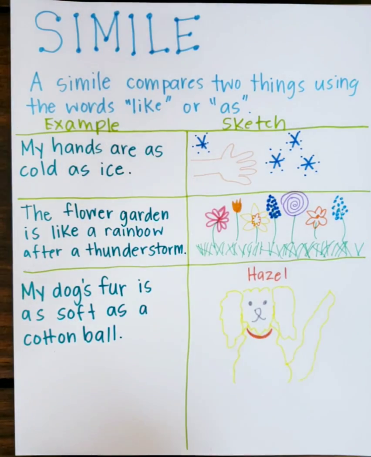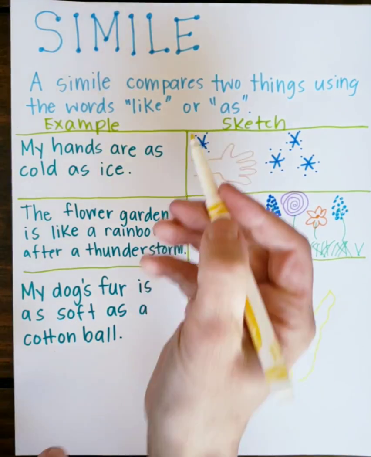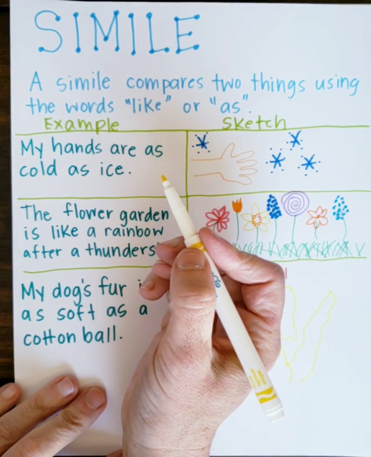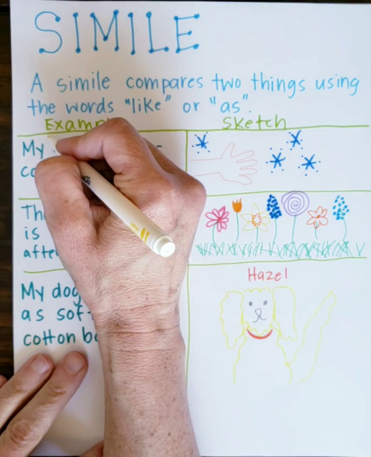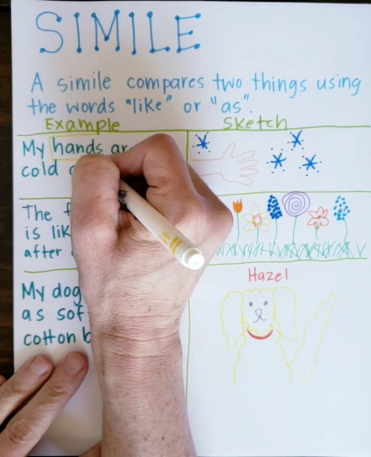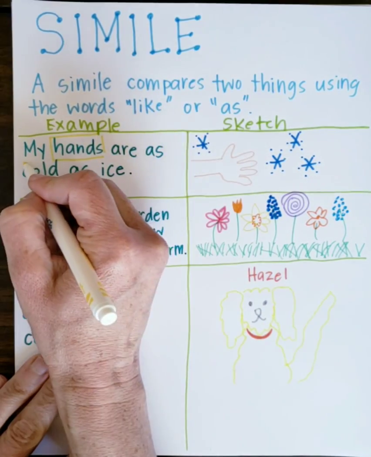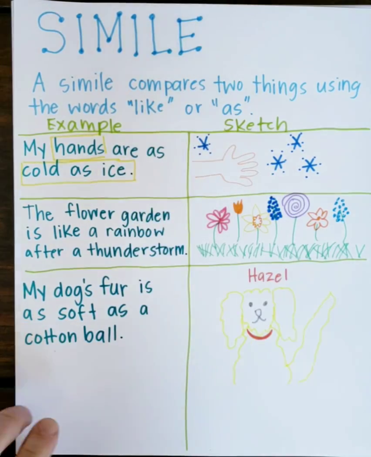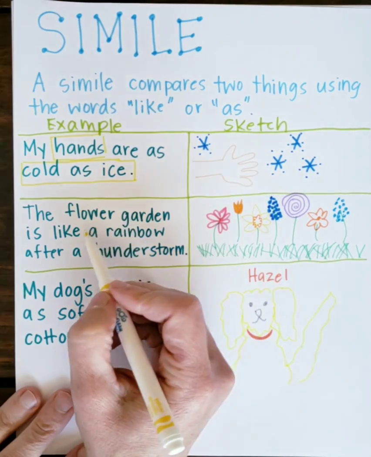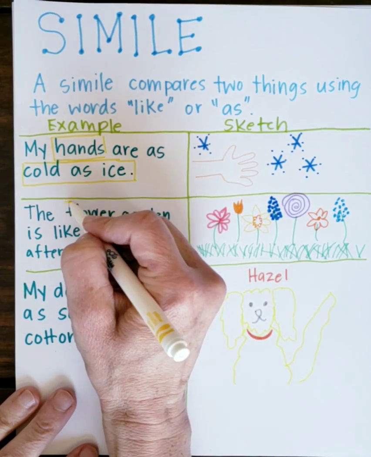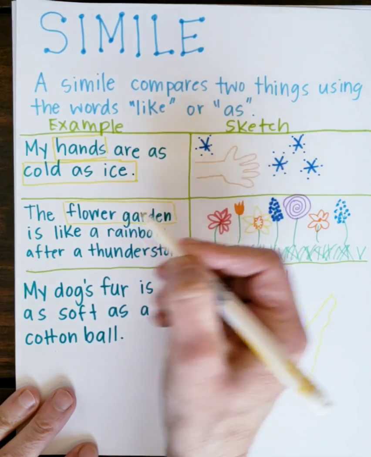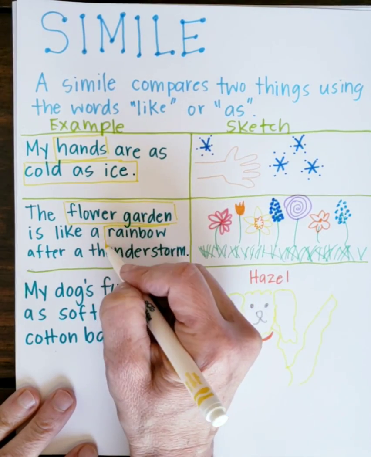Okay, so now there are 3 examples of simile, and the last step that I'm gonna do is I'm gonna go ahead and highlight in my examples where the simile is. So in this example, my hands are as cold as ice. So I'm gonna put a little box around hands and cold as ice, because those are the 2 things that I'm comparing. And this one, the flower garden is like a rainbow.